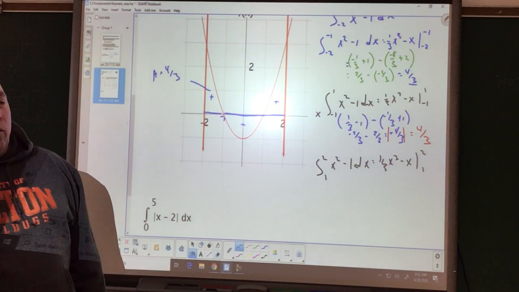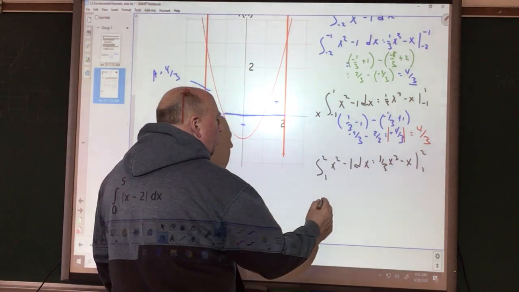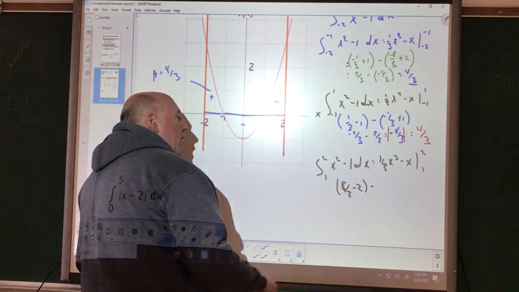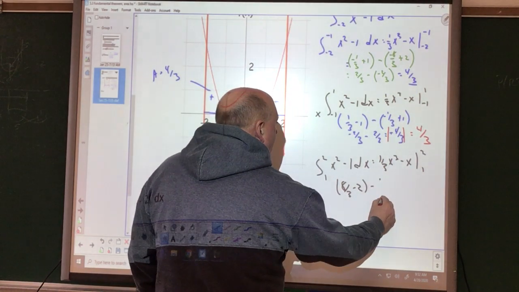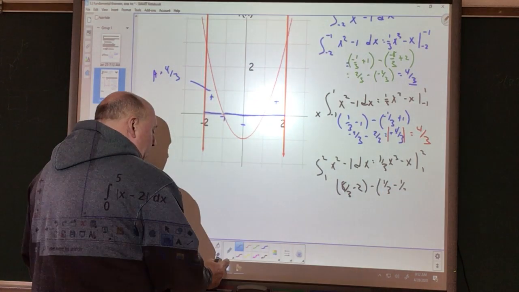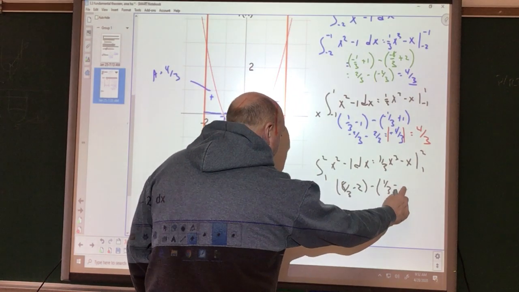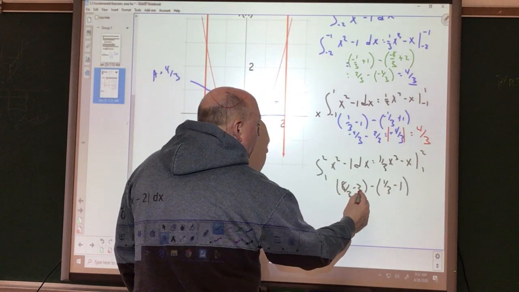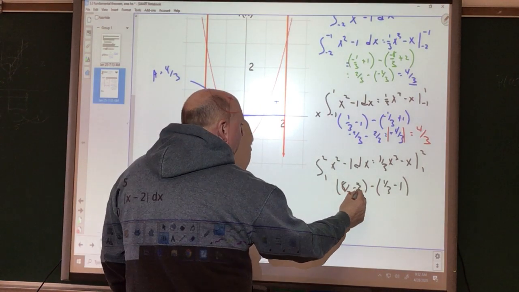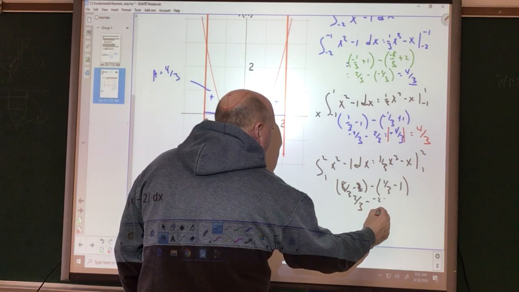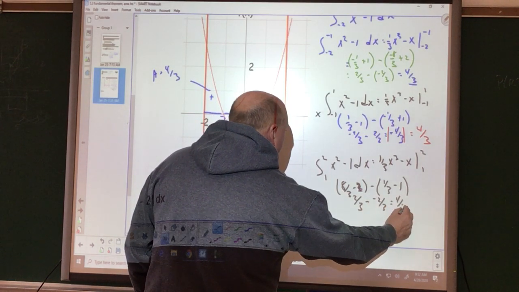So we evaluate at 2, we get 8/3 minus 2, minus our evaluation at 1, which is 1/3 minus 1. This gives me a value of 2/3. This gives me minus a -2/3, which gives me another 4/3.